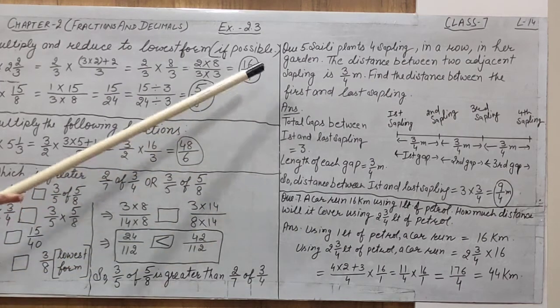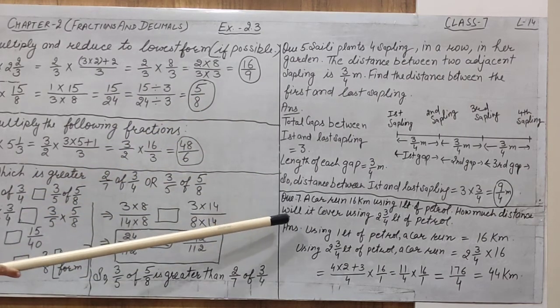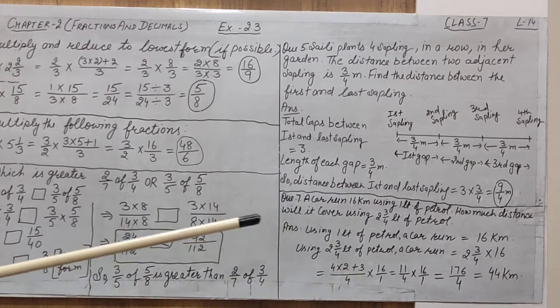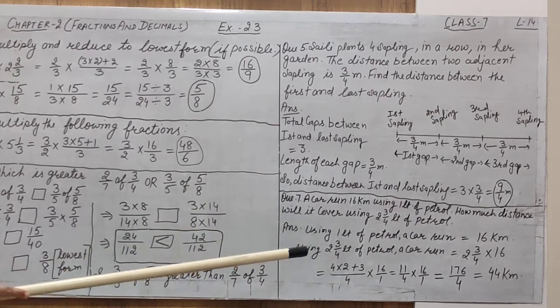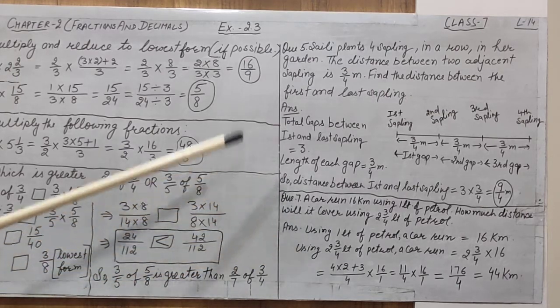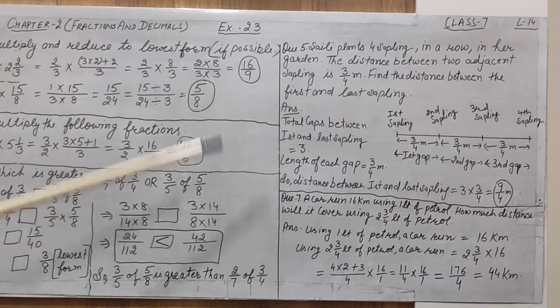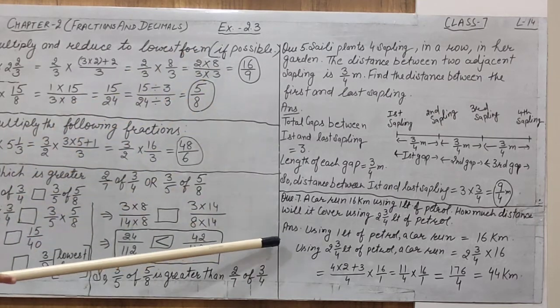Now similarly, the second question, question number 7, is a statement based question I have selected for you for understanding. By understanding these questions you can do your exercise 2.3.